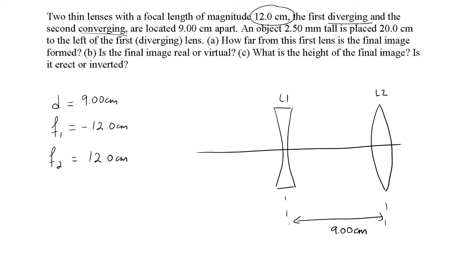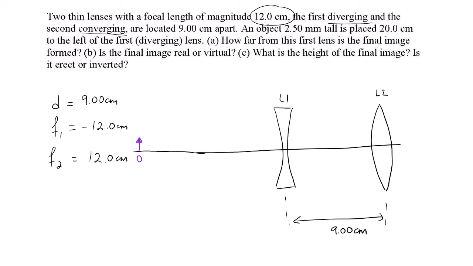Now, an object 2.50 millimeters tall is placed 20 centimeters to the left of the first diverging lens. Let's put the object on our principal axis to the left of the lens. Of course, my picture is not to scale, but I am going to approximate the object to be here. I'm going to call this an object, and we want to pull this information into our list.